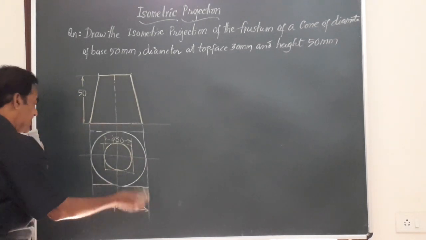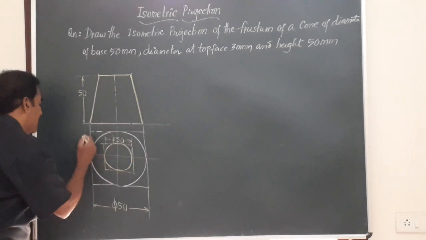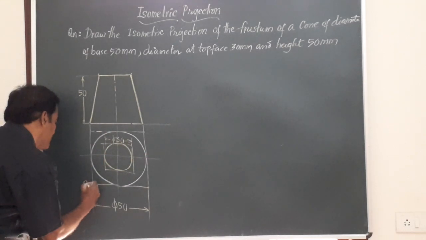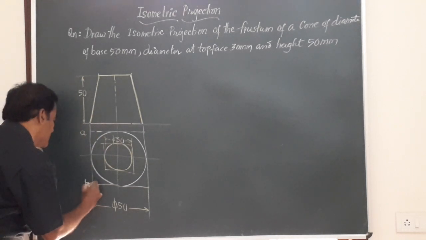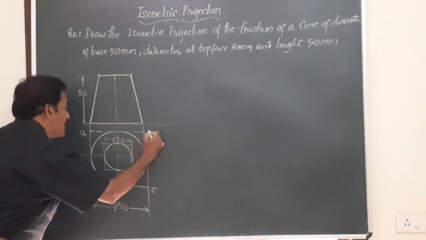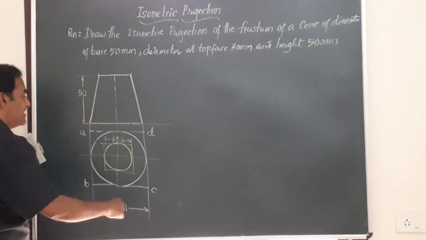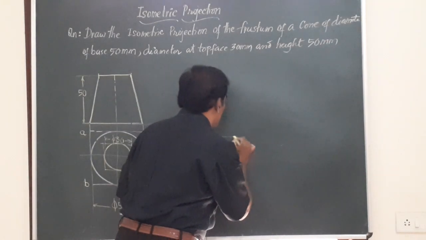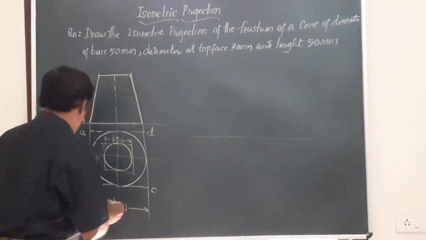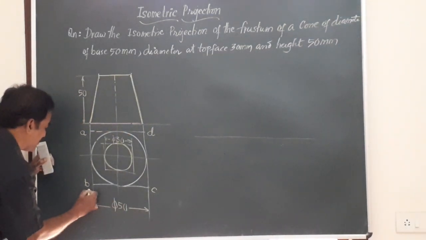So, let us name the larger box as ABCD. I will start from here. This will be A, this is B, this is C, and this is D. So here, let me start the projection by taking a reference line and assume you are looking in this direction.